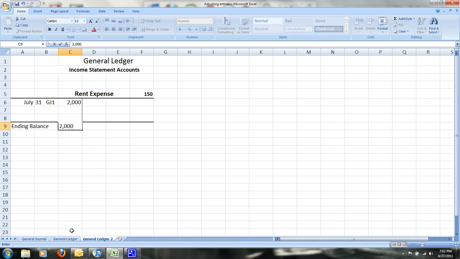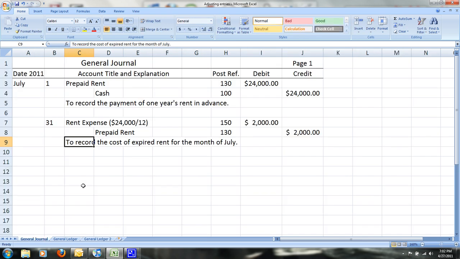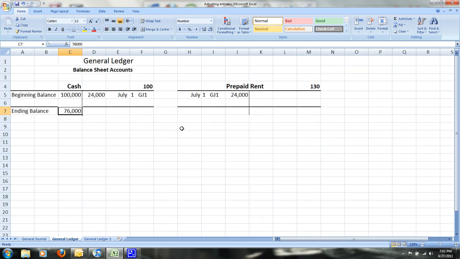Okay, and then we just had one last transaction. We credited prepaid rent right here. That was $2,000. We're reducing it by $2,000 because that's how much we used.